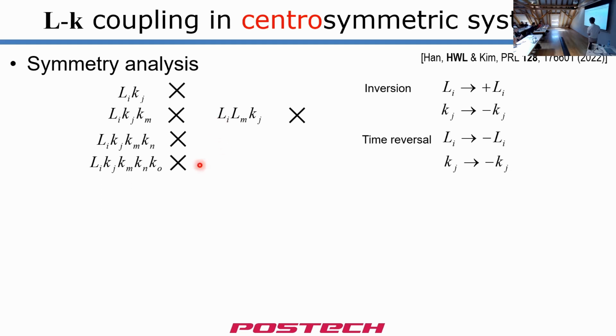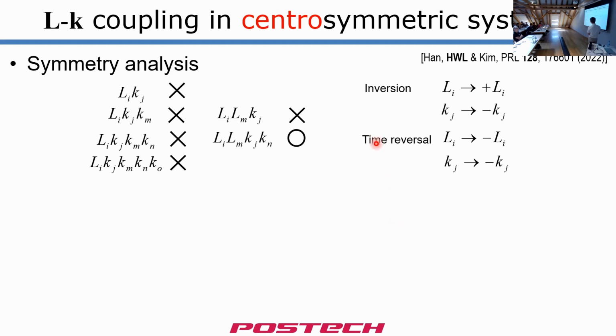But what if I increase the order of orbital angular momentum, like second order orbital angular momentum coupled to linear order in crystal momentum? This time the situation is worse: they are forbidden by both inversion and time reversal. But if I increase the order of crystal momentum to second order, coupled to second order orbital angular momentum, they are compatible with both inversion and time reversal.